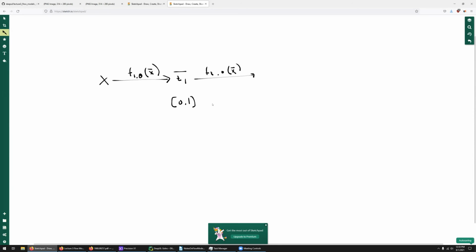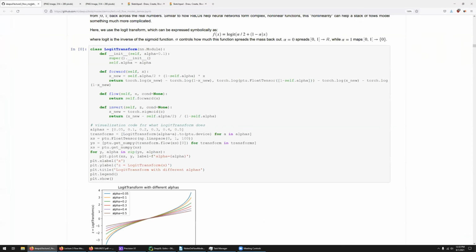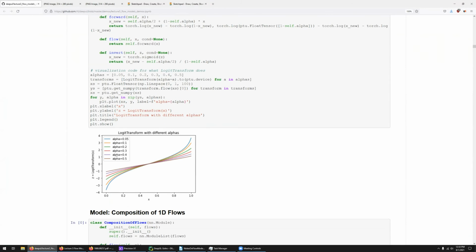So then we come up with this function called logit. Your domain is all of X, and wait, the other one. You can give any value from 0, 1. It maps to all of R, right?